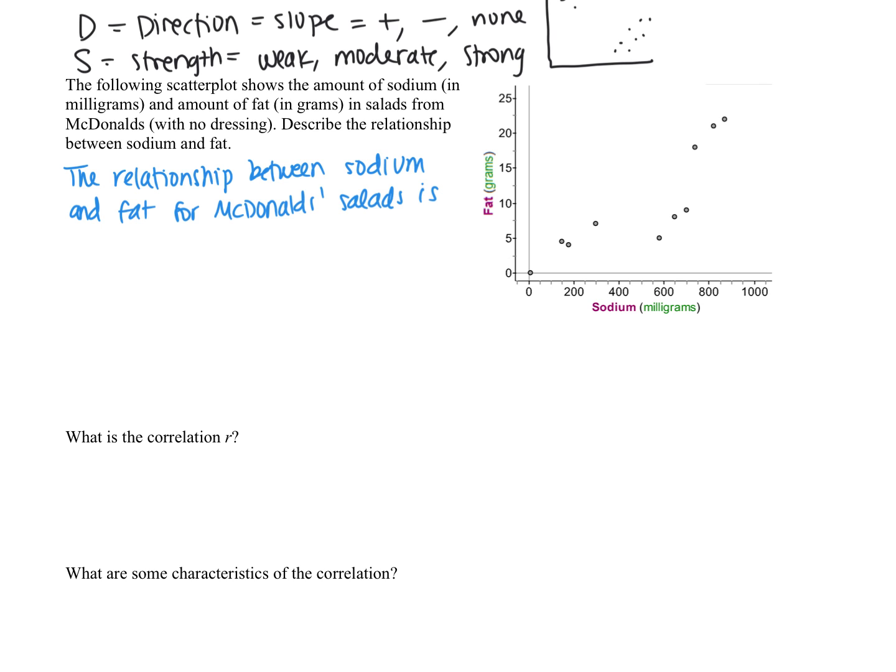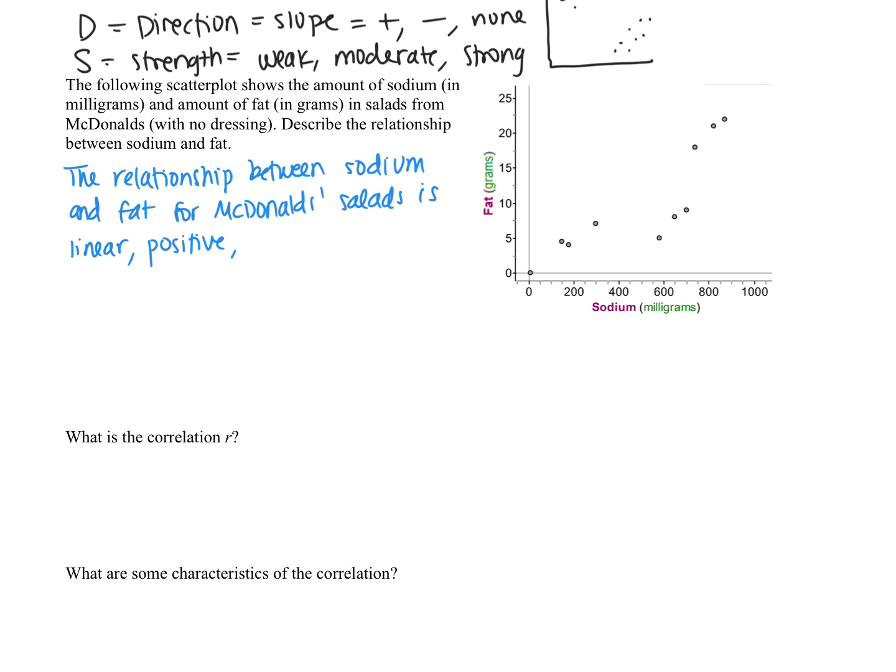okay, form. Again, your options are linear or not. Not perfect, but it looks like this is fairly linear. So the form is linear. Unusual, we're going to skip for a minute. Direction, positive, negative, none. In this case, positive. And then strength.